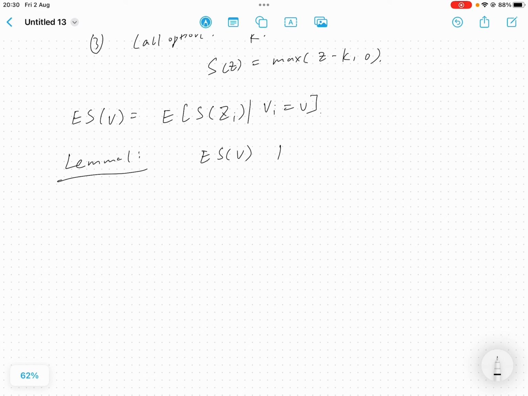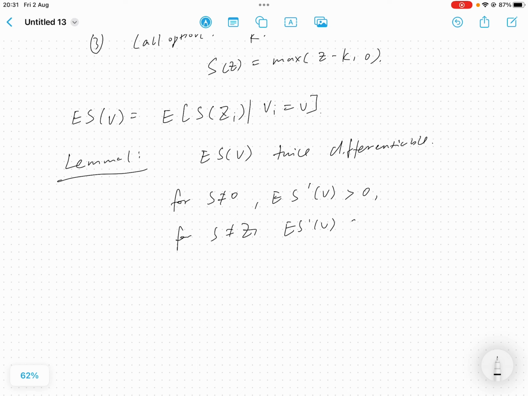For S which is not zero, the derivative of E_S with respect to V is positive, and for S not equal to Z, the derivative is smaller than 1.